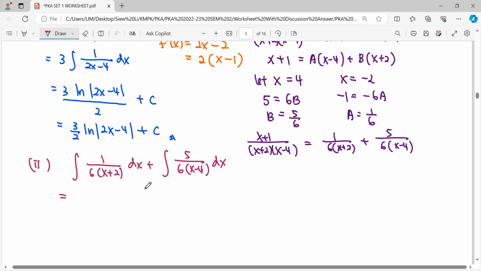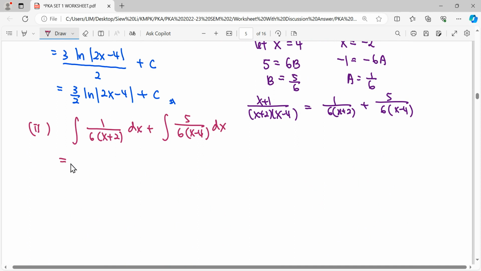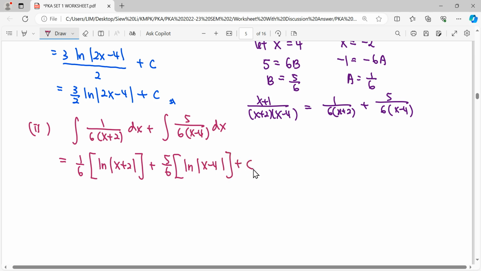You can see the denominators are power 1 and linear, so these can be integrated using the formula. Before using the formula, we factorize out 1 over 6 and integrate 1 over x plus 2. It will give us ln|x plus 2|. Then for this one we factorize out 5 over 6, and here we get ln|x minus 4|, then plus c. So that's all for this.